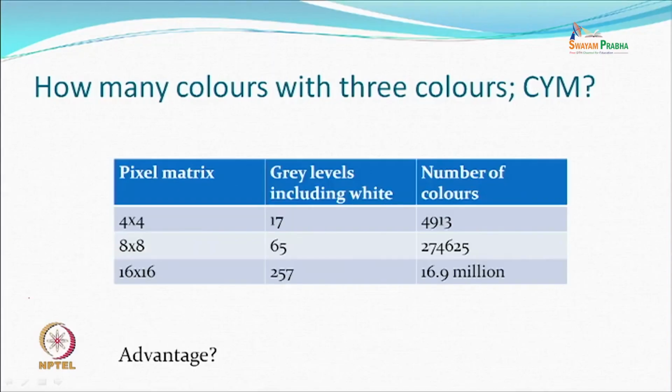So theoretically, if you have a 4 by 4 matrix, the gray levels in a 4 by 4 will be 17, and if you have only 3 colors and not taking black, which itself is a color, you can still produce a number of perceptive colors of almost 5,000.